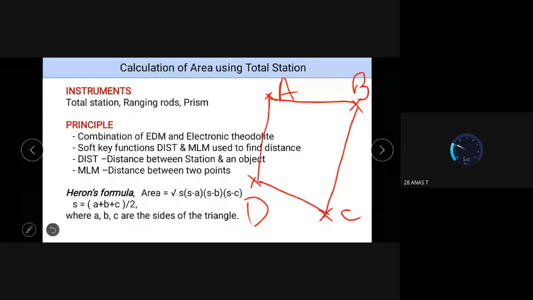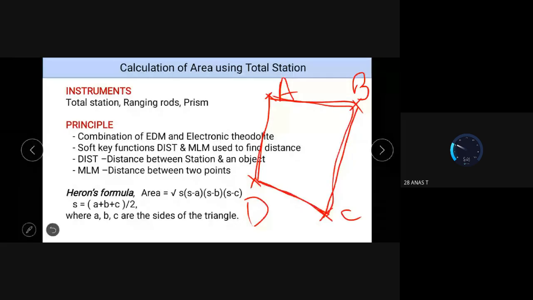These are some points on the field. By connecting these points, we get a polygon. So we have to find the area of this polygon using the total station.